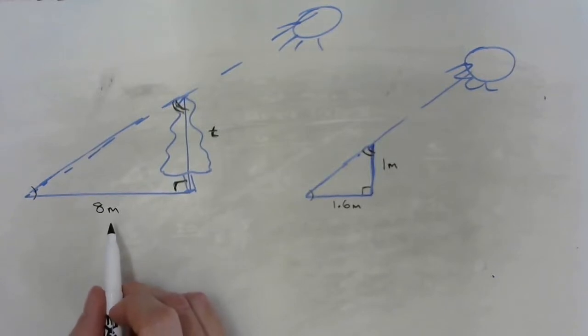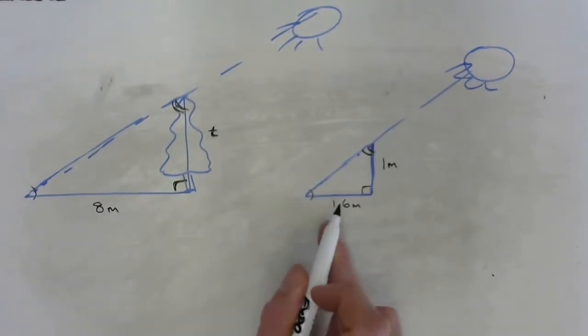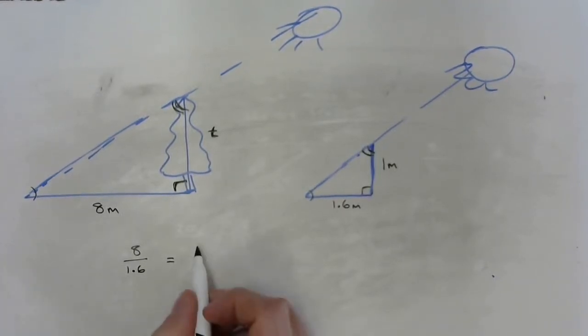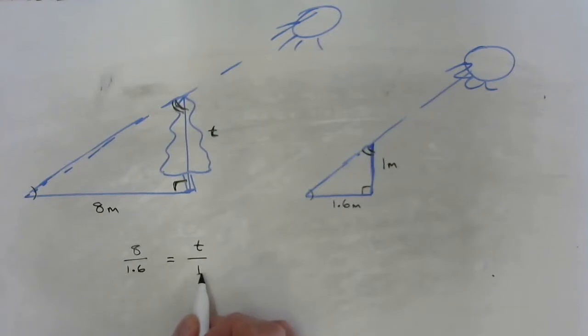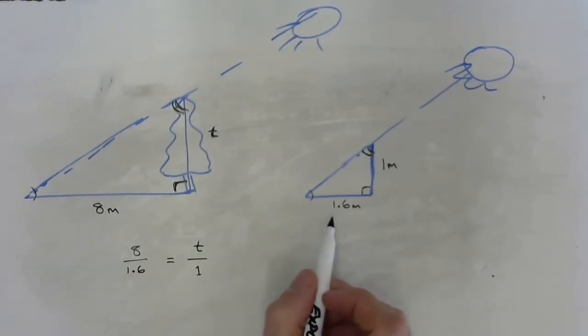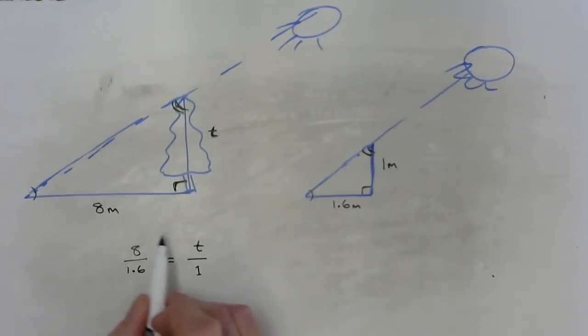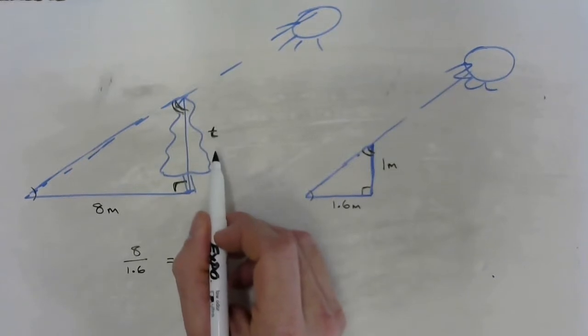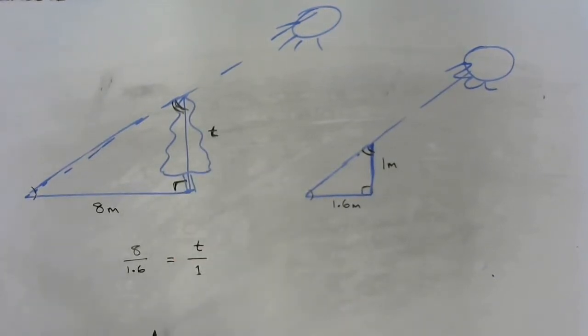We know from last lesson that the relationship between 8 and 1.6 is the same as the relationship between t and 1. So the same thing that multiplies us to get from 1.6 to 8 is going to multiply to get us from 1 to t, the same factor. That's what our notes are going to be on in a little second.